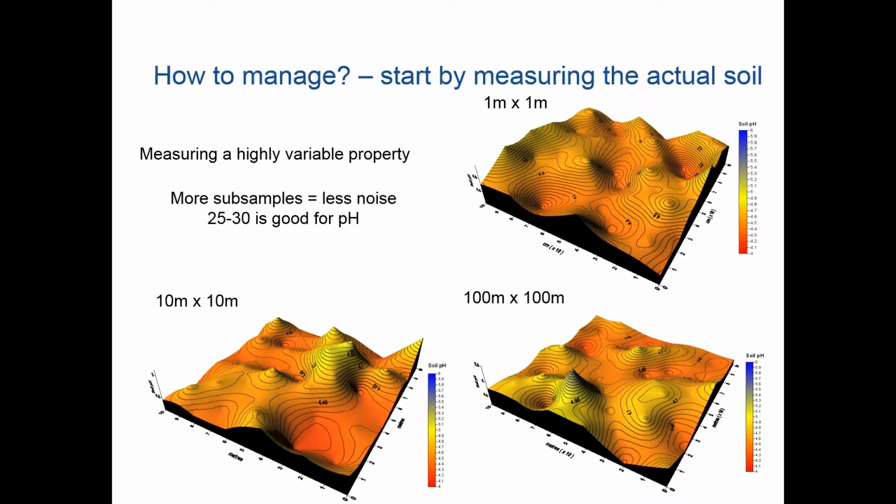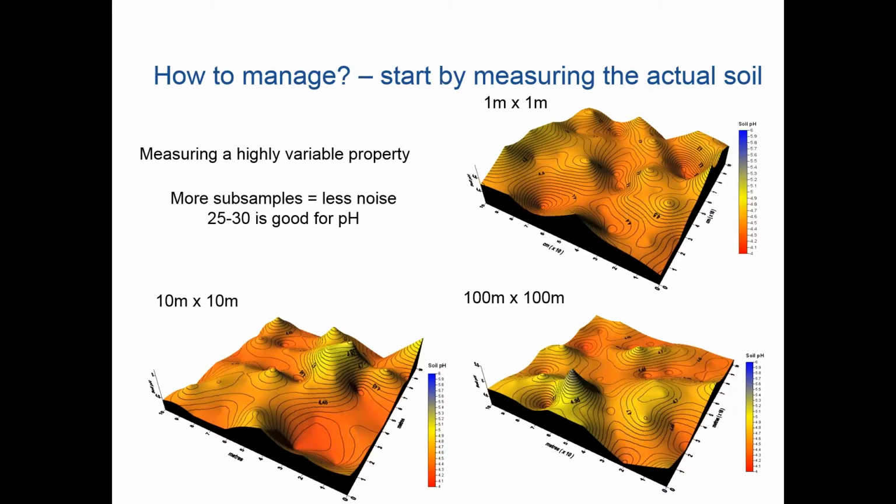And so statistically speaking, about 25 to 30 samples of the area that you're interested in will give you the best estimate of the true mean without ridiculous amounts of noise. And if you go more than 30, you don't get a greater precision for that extra effort. So 30 is a good number.